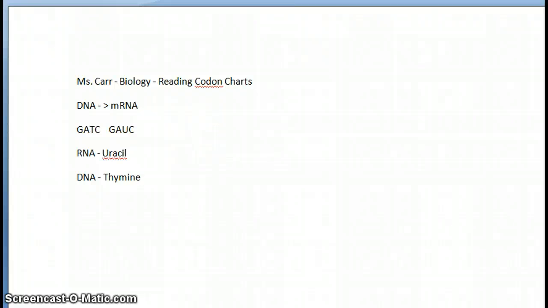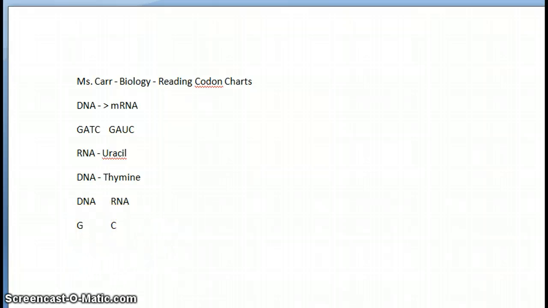Okay, so it is very, very important that you understand that these are the 4 nucleic acids that you find in DNA, and these are the 4 nucleic acids that you find in RNA. So when we copy DNA to RNA, here we have DNA, and DNA's G will bond with RNA's C, because G's always combine with C's, right?